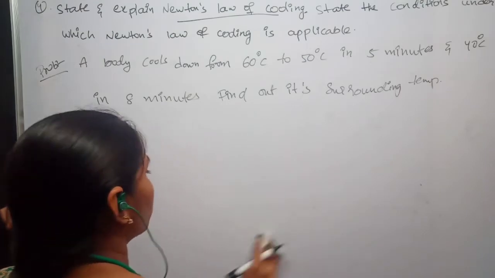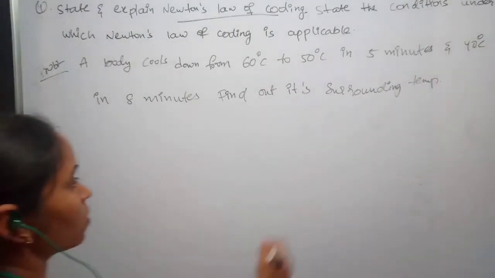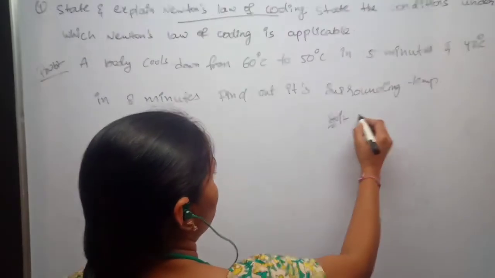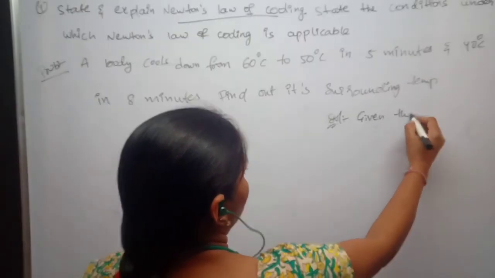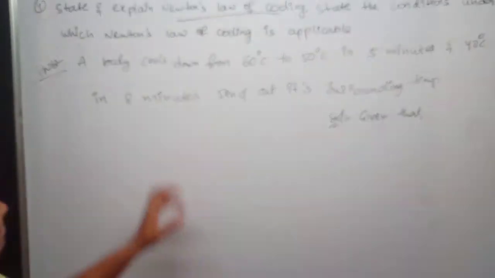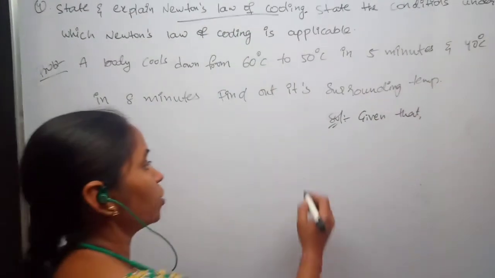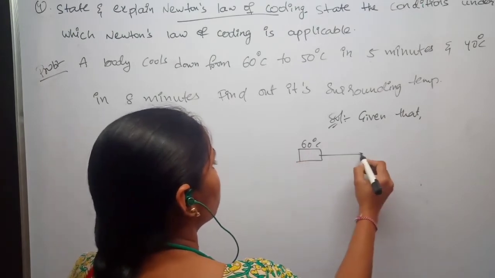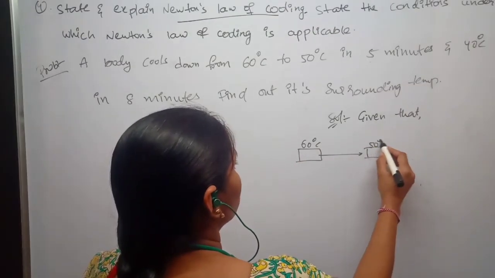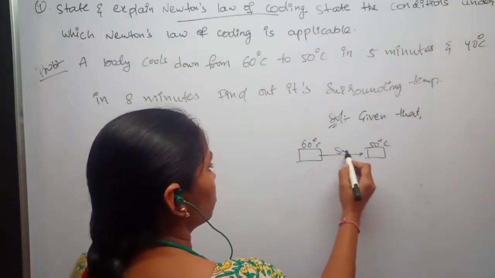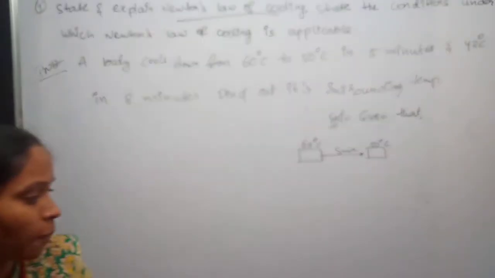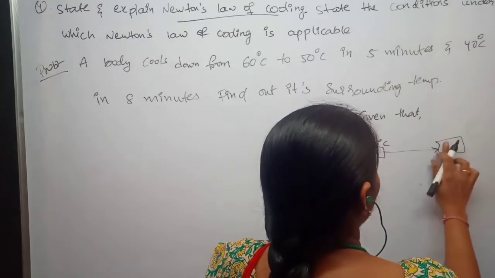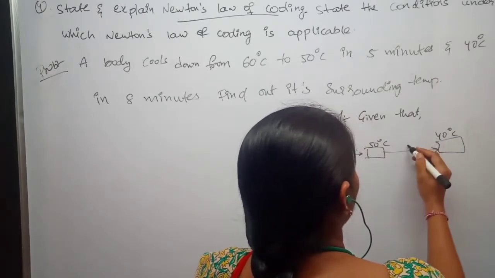What is the data given in the problem? It is given that the body cools from 60 degrees Celsius to 50 degrees Celsius in 5 minutes. Then after it cools down to 40 degrees Celsius in 8 minutes.